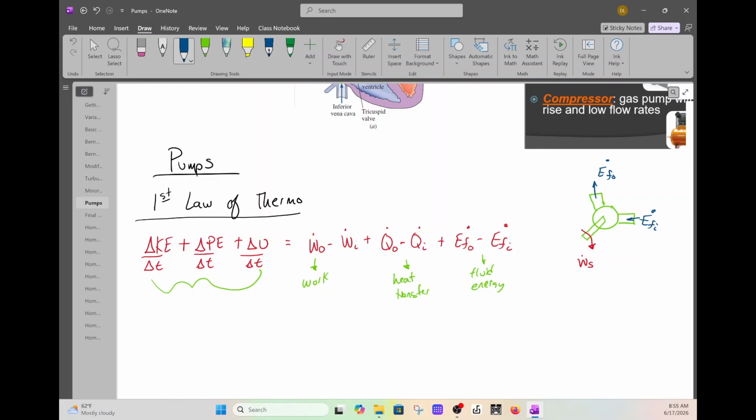So a pump has a shaft that's attached to a motor. I'm not going to draw the motor, but with that motor you have electric power in, which converts to the shaft. So this shaft is spinning. You have shaft power, and basically it's sucking energy in from here, and then it spits it out up there.